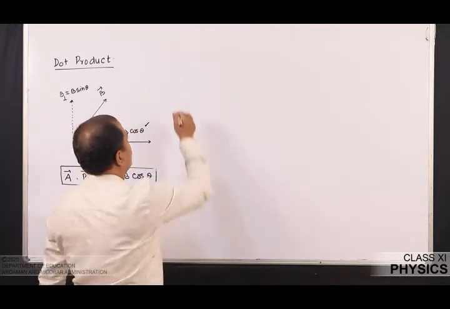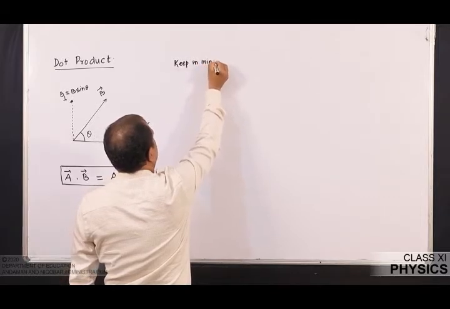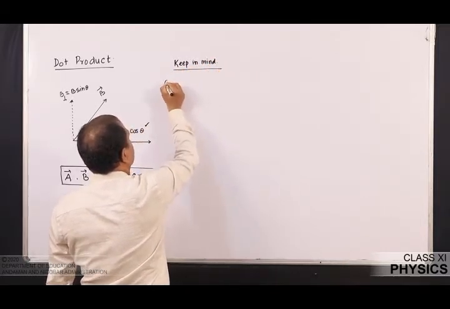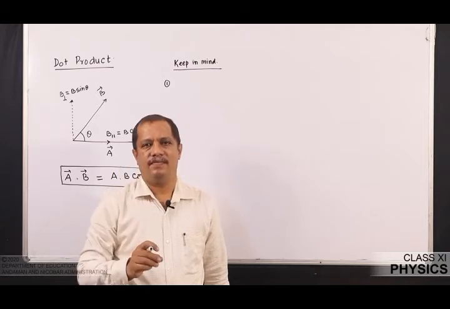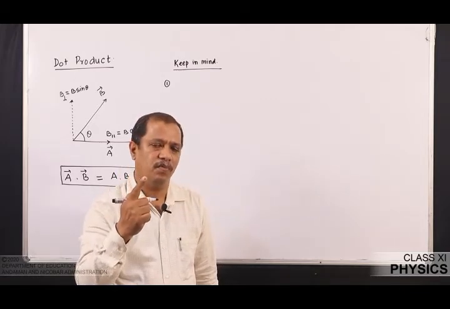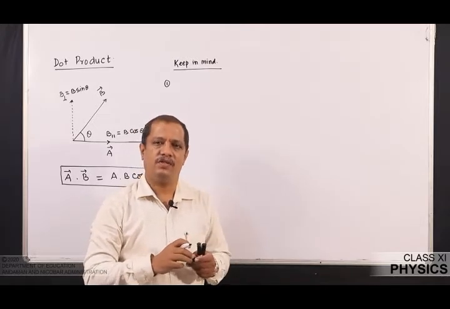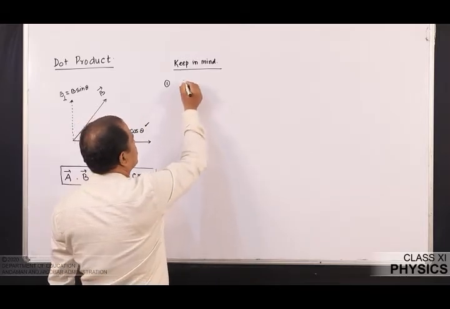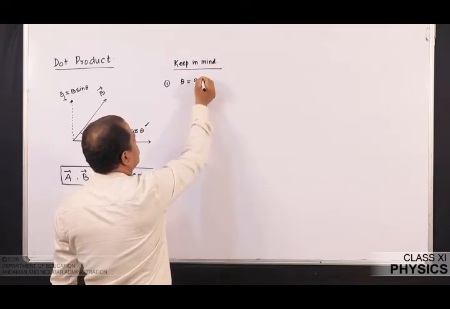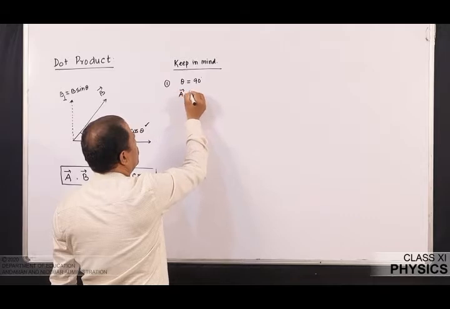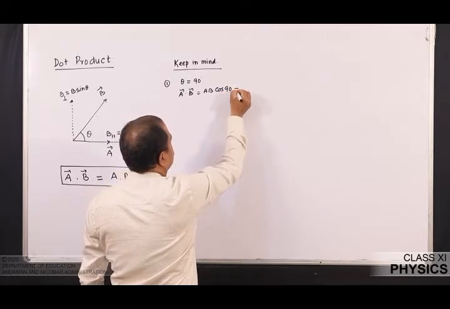Next, keep in mind that if two vectors are given and you are asked to find whether the two vectors are perpendicular or orthogonal, just now we saw that if two vectors are orthogonal, then the angle between them is 90 degrees. Then A dot B is equal to AB cos 90, which is nothing but 0.